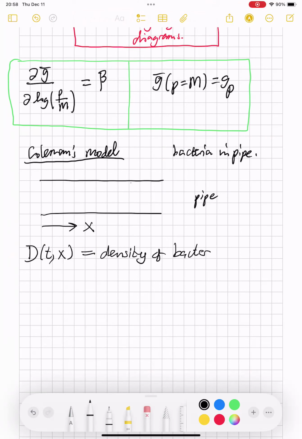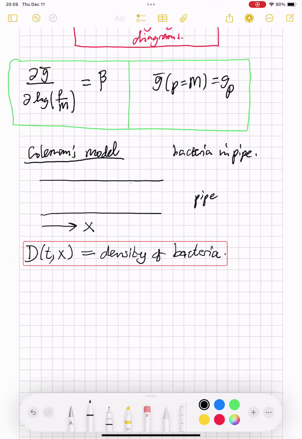So if you're at a certain position along the pipe at a certain time, there'll be a certain density, and that density will be the D of t comma x. The other thing that we will do is we will imagine that there's some exponential growth.